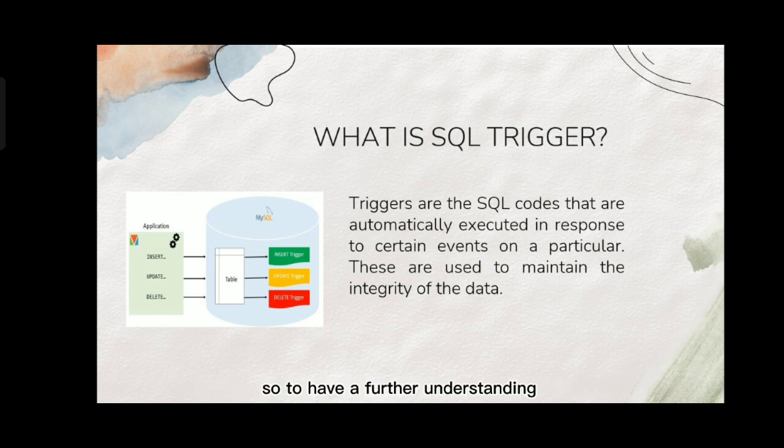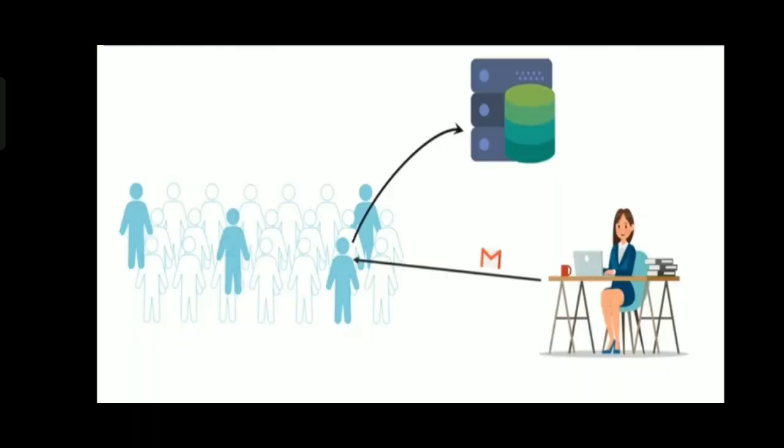To have a further understanding, here is an illustration. Supposedly, there is a registrar who every day records every new student. For every new student, he records their information and sends them a reply that their request is being accommodated or processed. One registrar cannot respond directly to 1,000 students one by one.